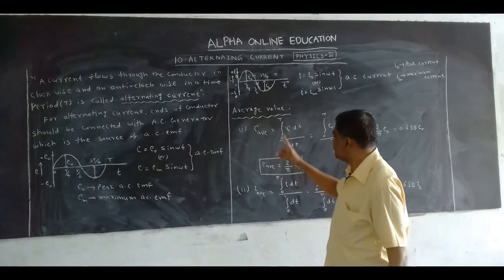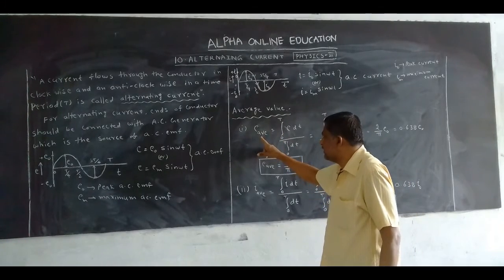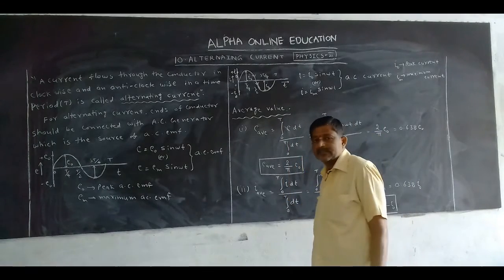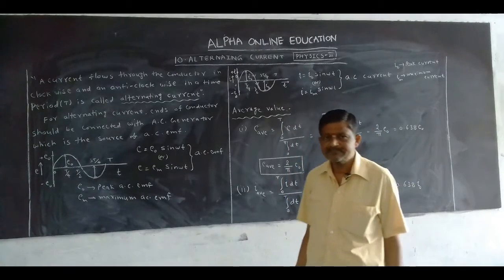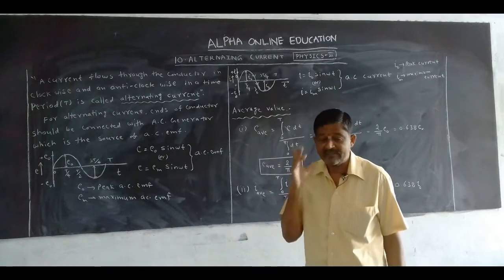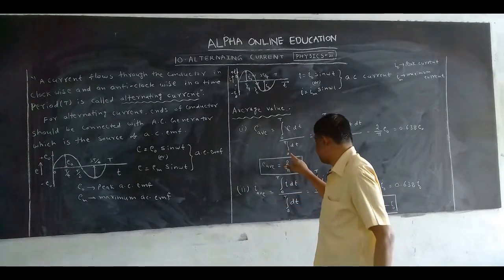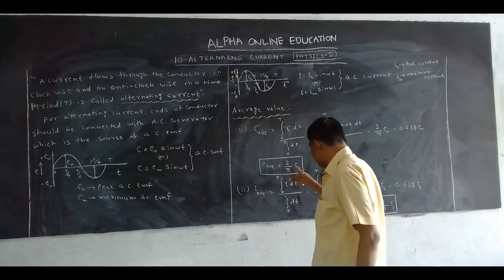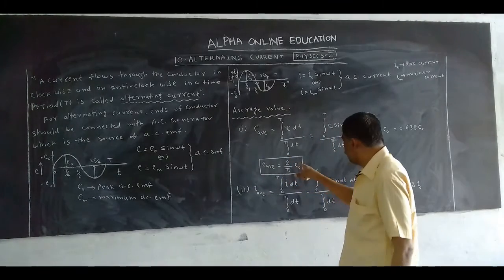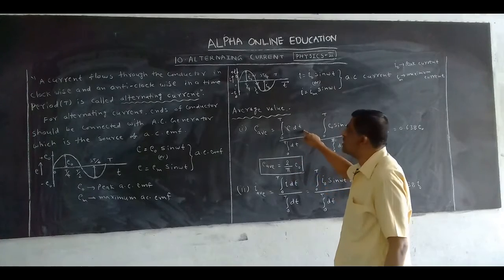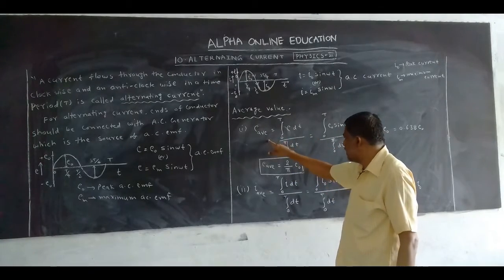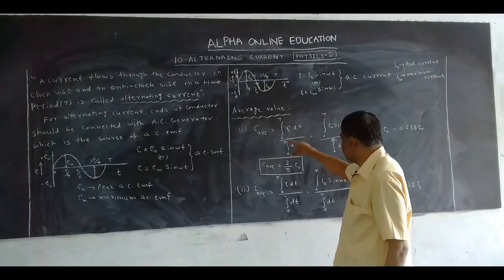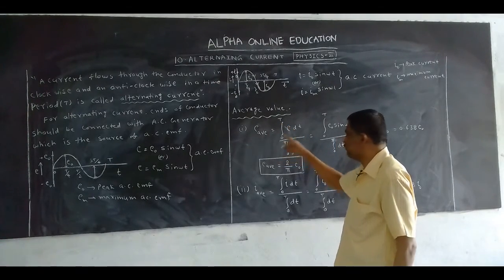The average value of AC EMF in a time period is 2 by pi times its peak value. How can we get this? The equation form is E average is equal to integral 0 to T of E dt by integral 0 to T of dt.